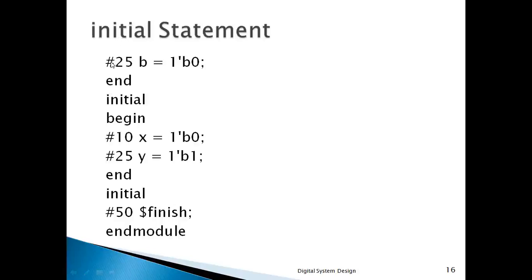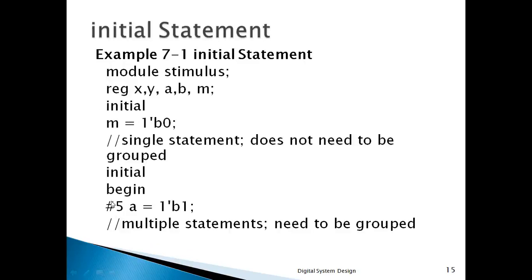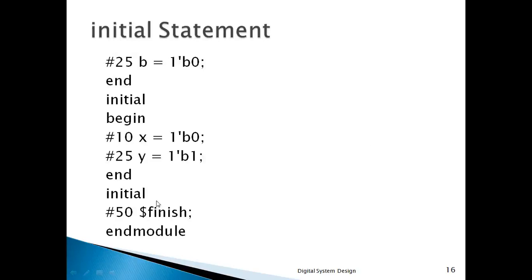Next, here you see that #25 is used. It means that it waits 5 time units for this command, and after that a further 25 delay time is used. Ultimately this B is equal to 1-bit binary 0.